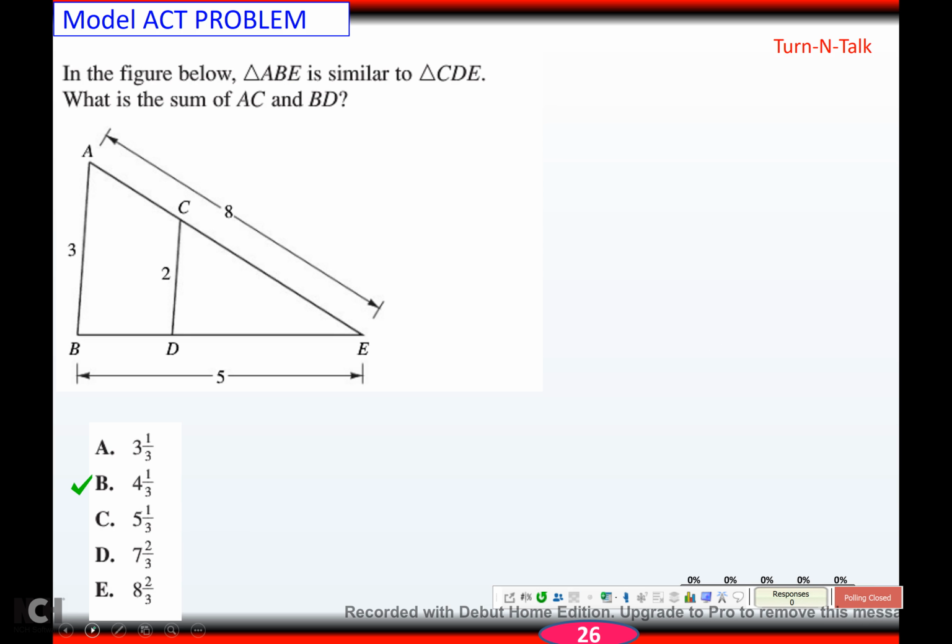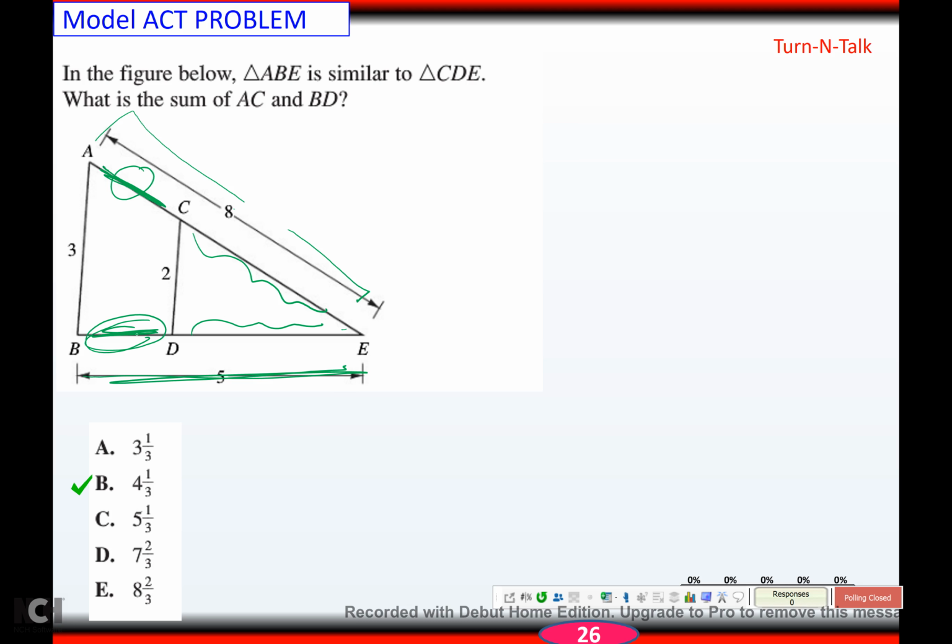Alright, so again, in the figure, they want the sum of AC plus BD. Well, how in the heck am I going to get those? Well, I know the whole side here. If I could figure out this much, I could subtract it from 8, and then I'd know this much. Same thing down here. If I know this is 5, and I subtract this off, then I'll know what's left.